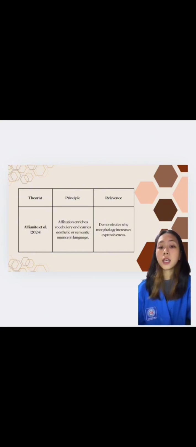Theoretical justification, according to Carr 2010 and Katamba 2015, morphology studies the smallest meaningful units and their grammatical functions. Unbelievableness is a perfect example of how derivation changes both form and meaning systematically.